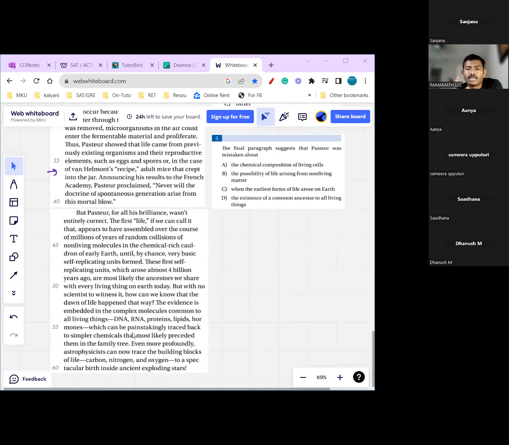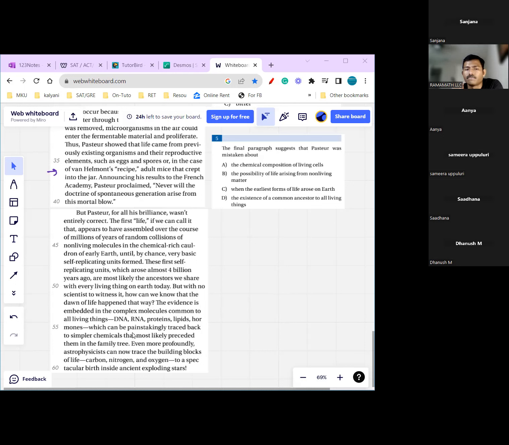By describing a likely scenario of basic self-replicating units, it gives a basic idea of the possibility of life from non-living matter. So that is what he was mistaken about.